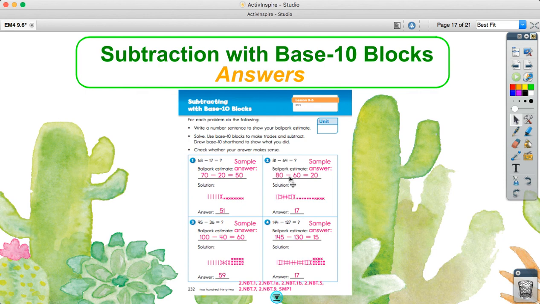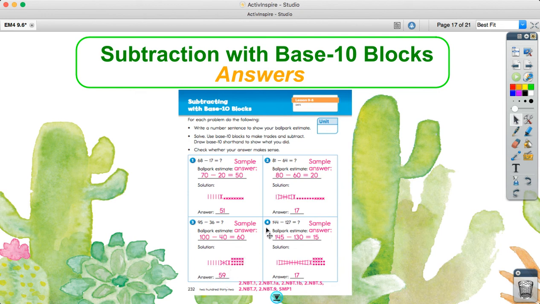Your ballpark estimate, 80 minus 60 equals 20. Your base 10 shorthand, your answer would be 17. Number 3, 95 minus 36. Your ballpark estimate would be 100 minus 40 equals 60. Check your base 10 shorthand. Your answer would be 59.